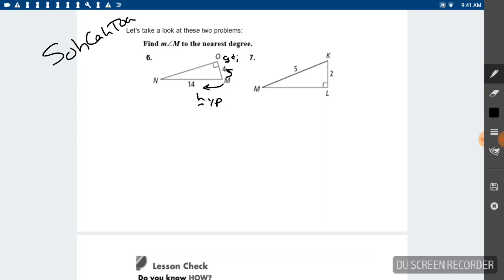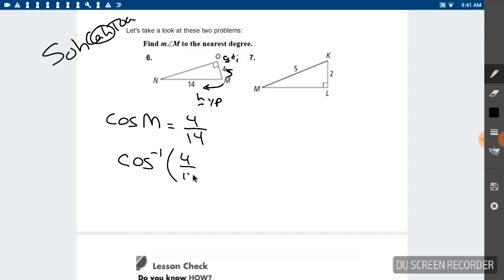So adjacent and hypotenuse, that's the cosine. So cosine of m equals adjacent over hypotenuse. When I'm missing the angle, I have to use the second feature. So the inverse cosine, and it pops up the parentheses in your calculator, 4/14 is 73.4 degrees.